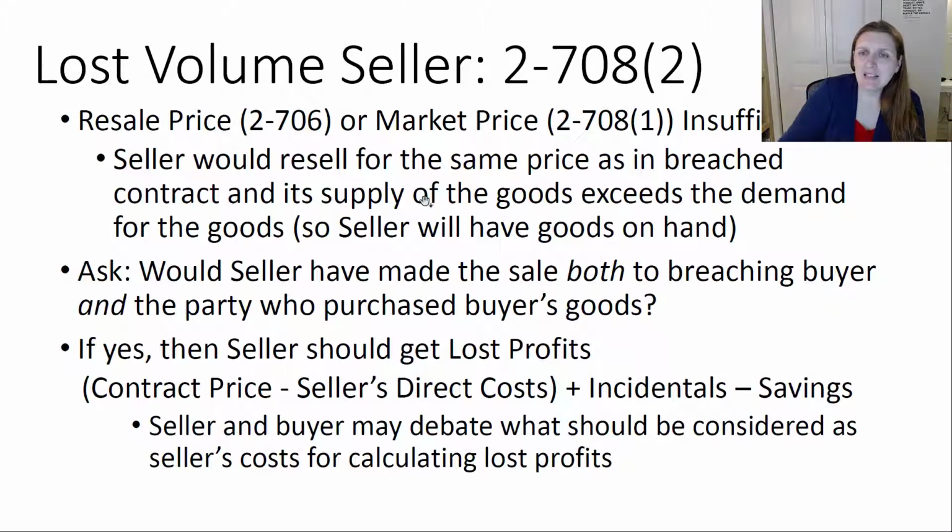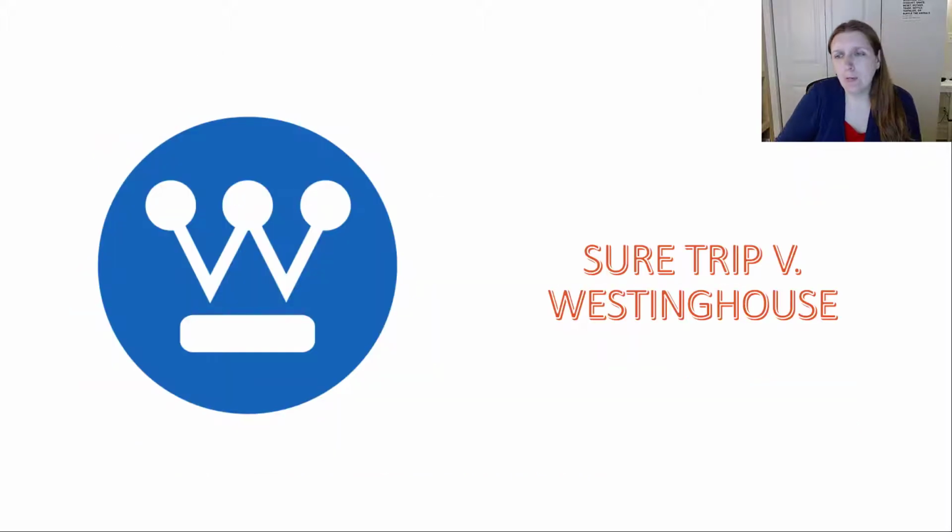So the cases that your book includes really look at this debate around what 2-708(2) says is essentially the expectation measure in a lost volume seller scenario.